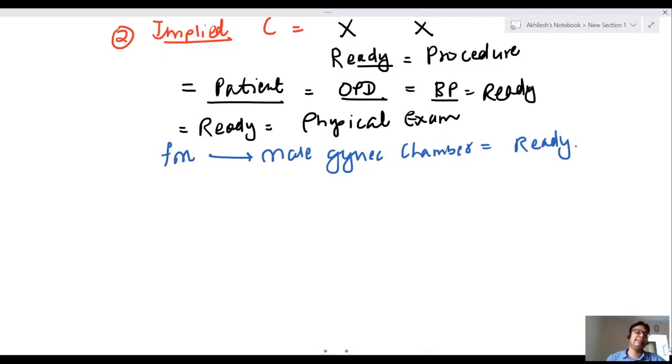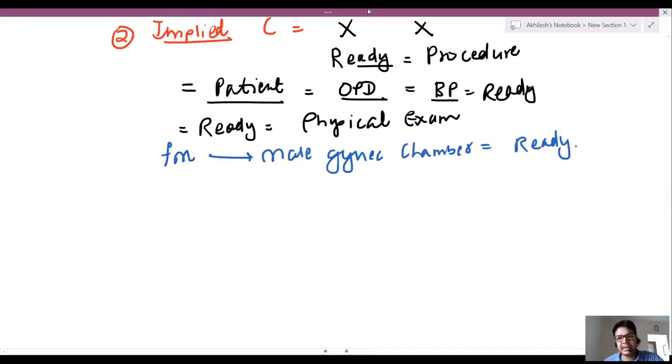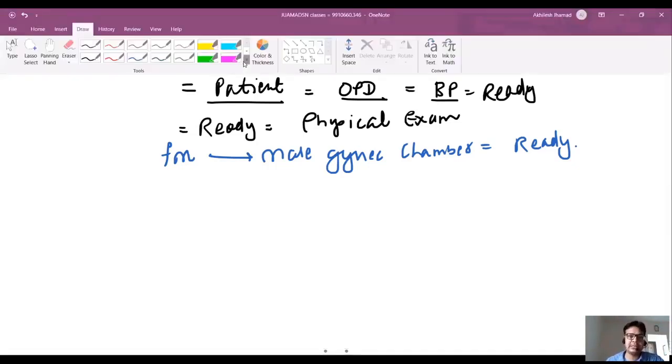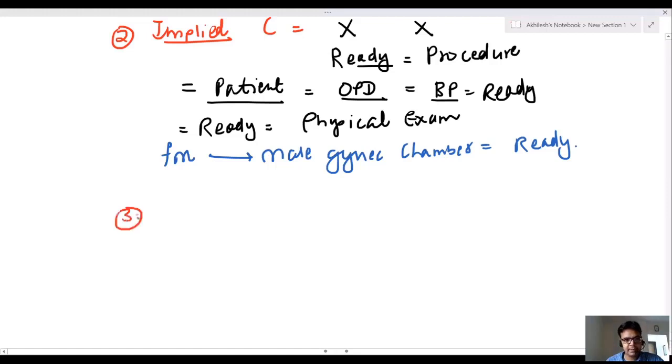This is implied consent. Speaking is expressed: yes sir, I am ready, I am writing. Without saying or writing anything, if you are ready for something, that is implied consent. So number two consent is implied.